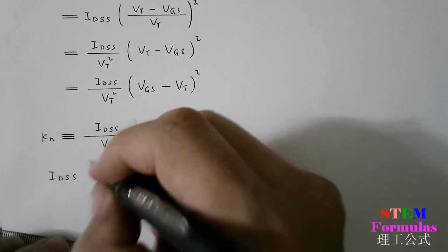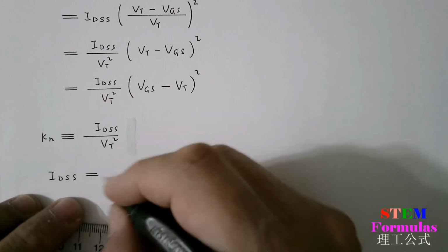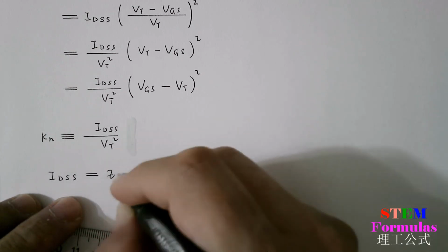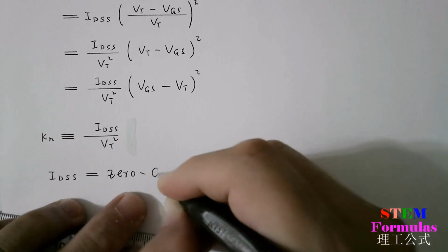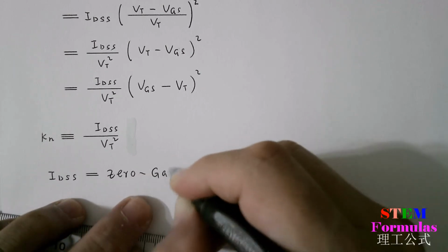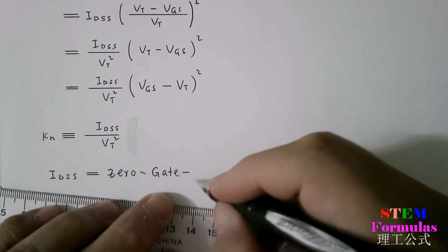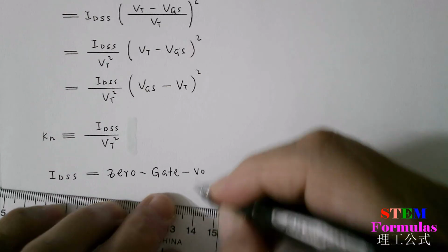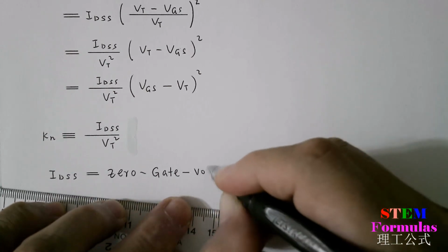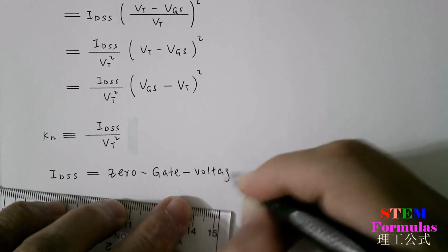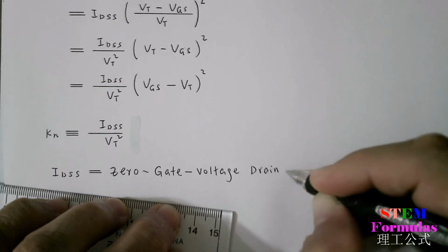In the datasheet, IDSS is called zero gate voltage drain current.